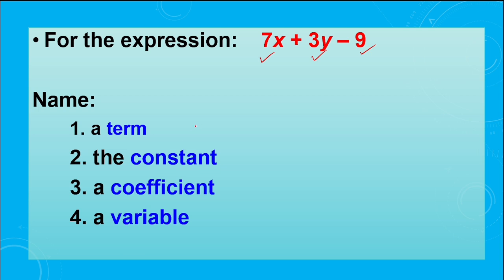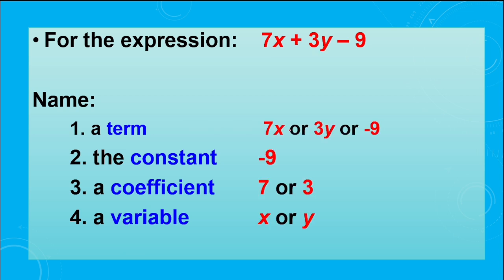So we can write the first term is 7x, the second one is 3y, and the third one is minus 9. Yes or no? Similarly, the constant is 1, that is minus 9. Coefficients are 7 and 3. Variables are x and y. Okay.